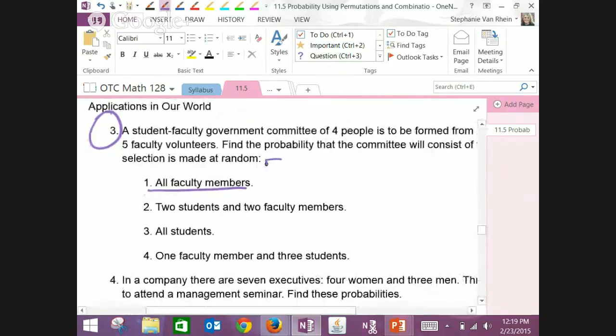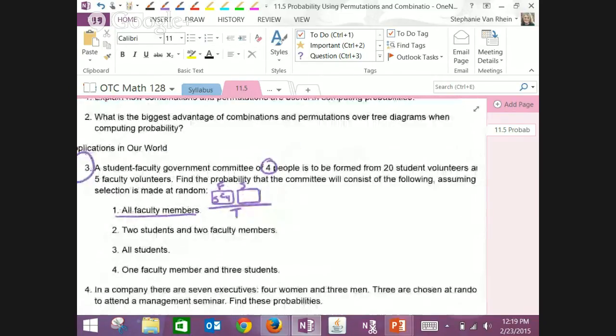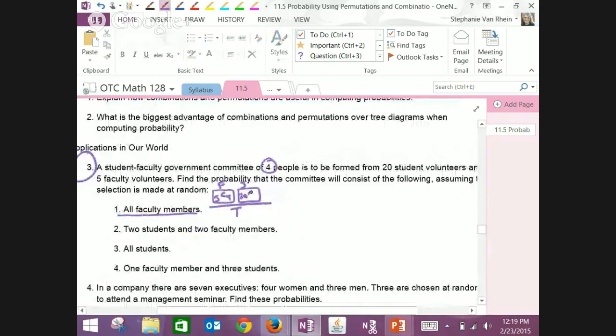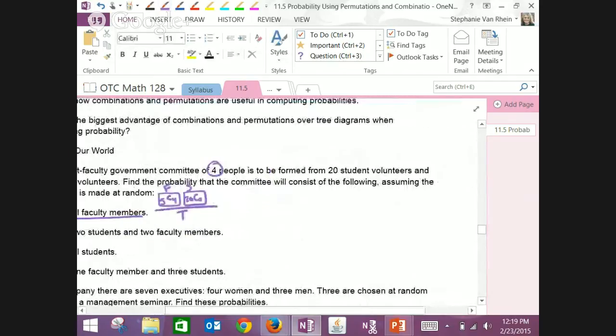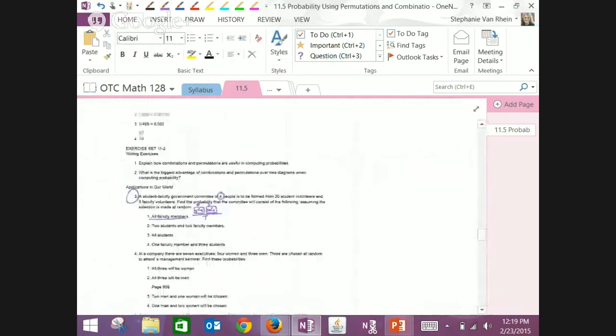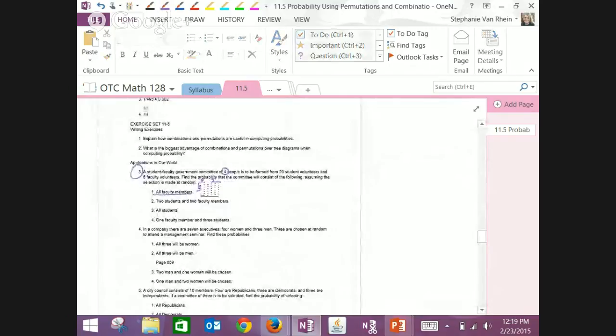I have kind of the same setup. I have faculty and students over the total, right? I have 5 faculty and I'm picking 4 people. And I have 20 students, and I'm picking 0 of those. I'm going to write this a little better, I don't have too much room here.